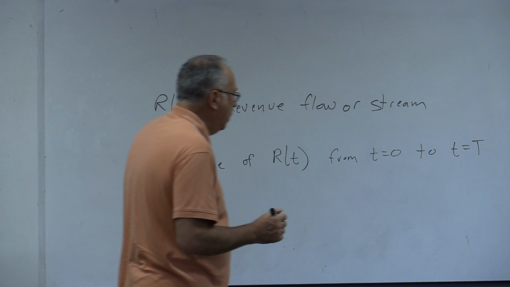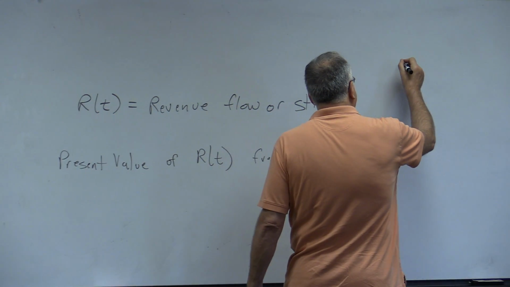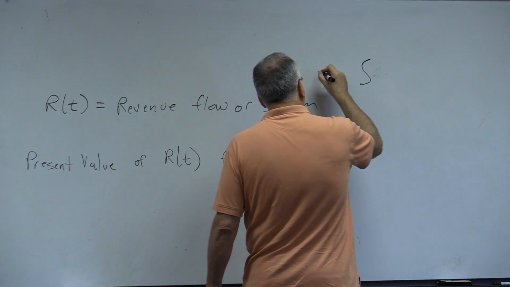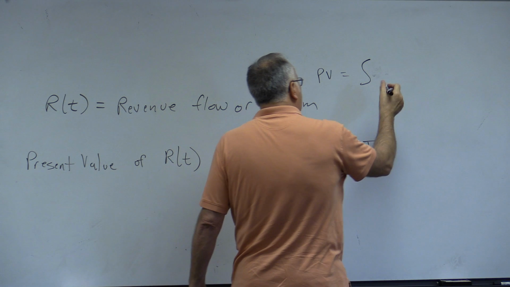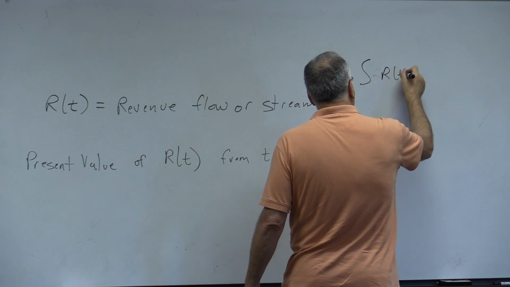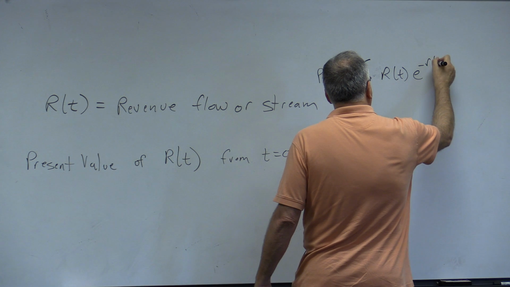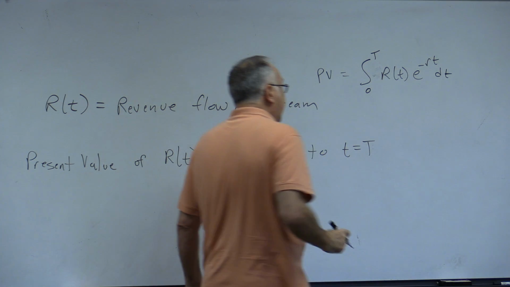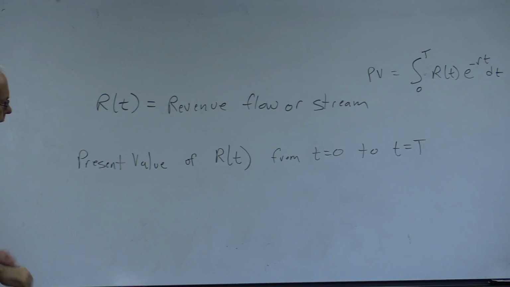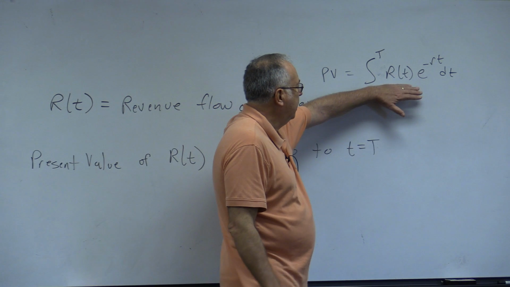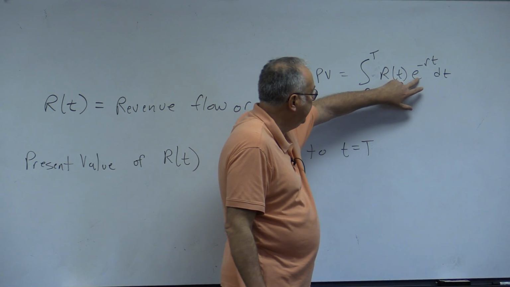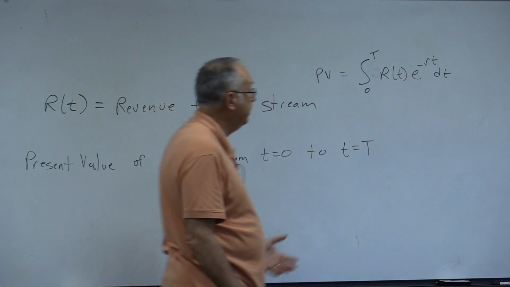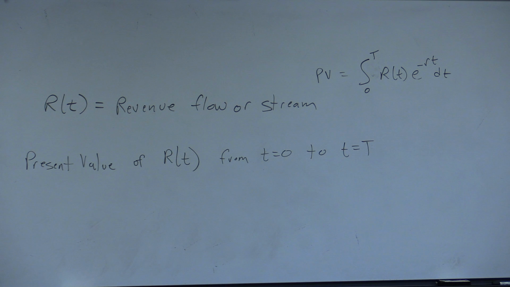You just take the integral. See, an integral is like an infinite sum. So the present value would be the integral of R of t times e to the minus rt dt from t equals 0 to t equals capital T. You multiply each of these instantaneous revenue streams by e to the minus rt. You add them up, which means you integrate them, and that would give you the present value.